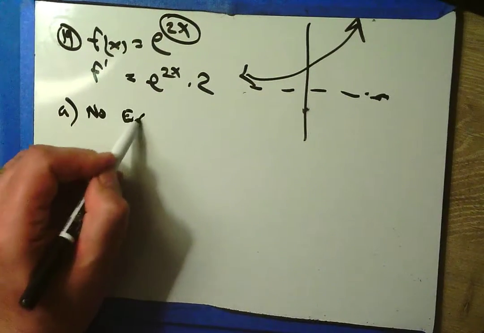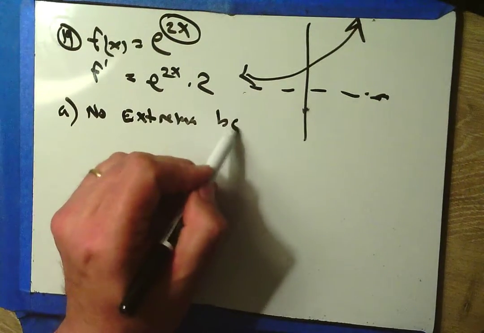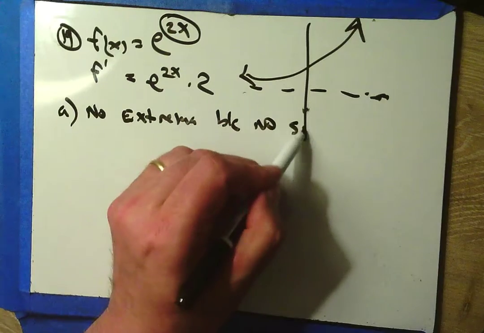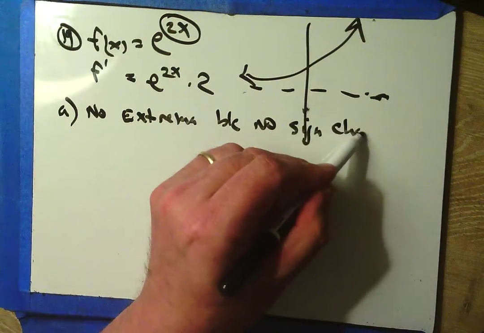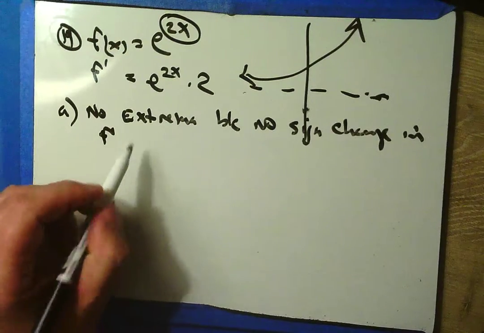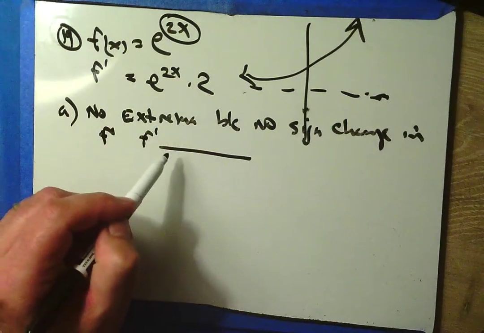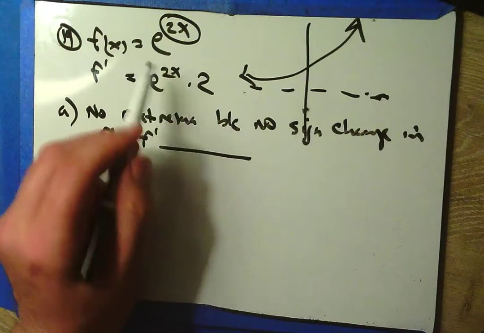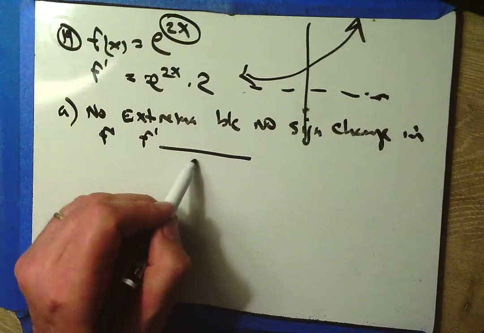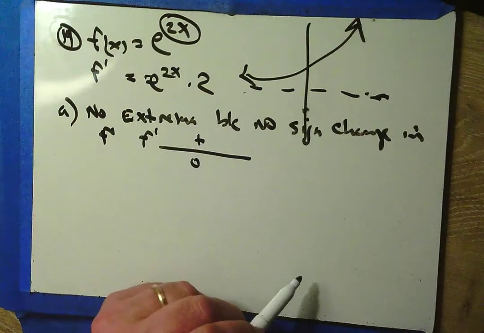No extrema, because no sign change in f prime. In fact, if we make an f prime sign chart, since we have no critical numbers, since this is never equal to 0 or undefined, any number I choose, like 0, and plug in, I'm going to get a positive 4.